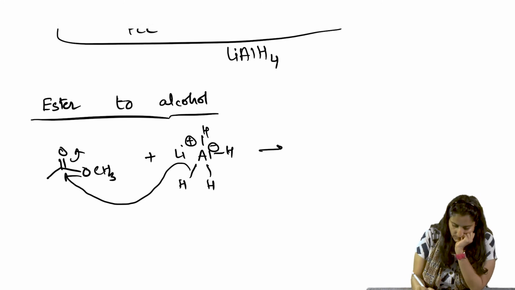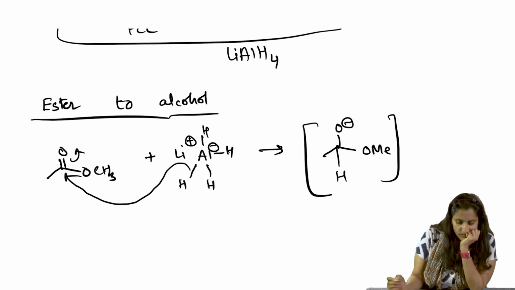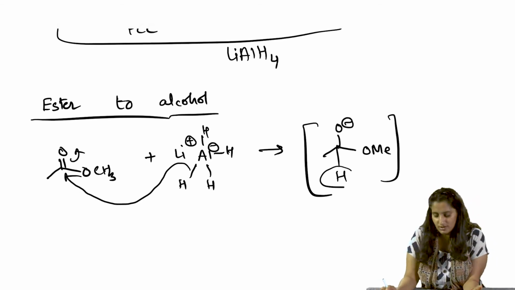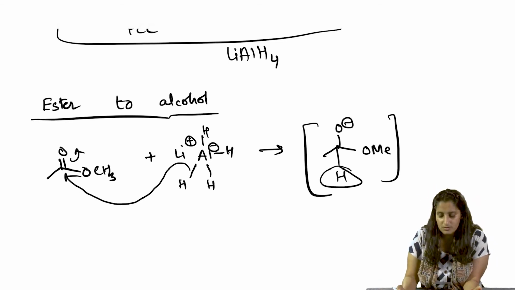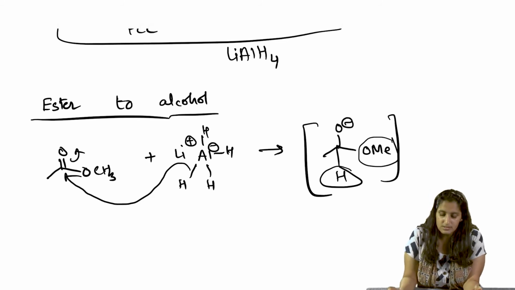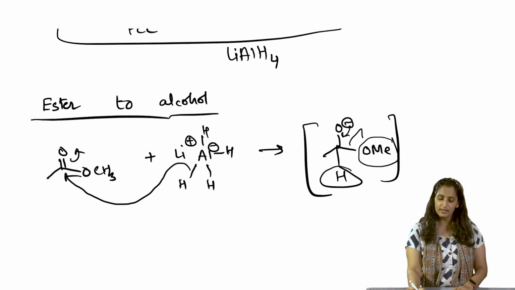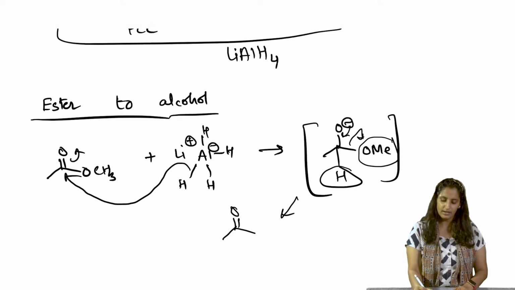So, what do we have here? Okay, look at this tetrahedral intermediate. Now, in this case the hydride is not going to be a good leaving group. But since we are in a basic medium, we can kick out the OMe. So, we are going to kick that out, forming an aldehyde.